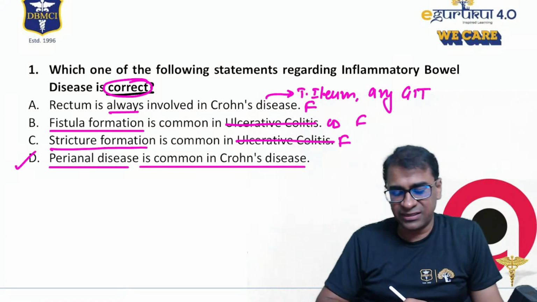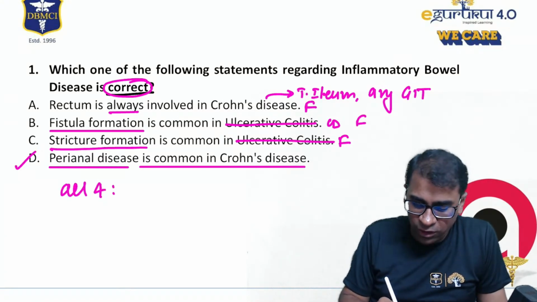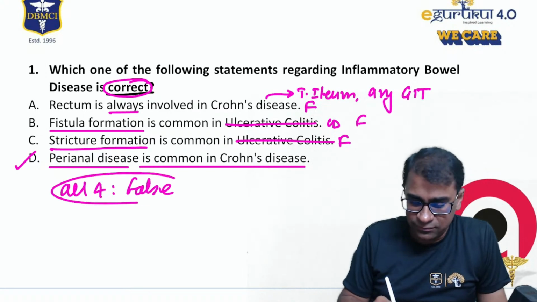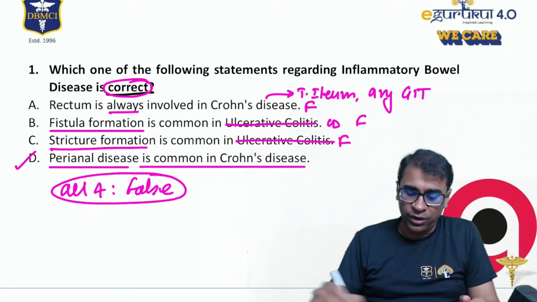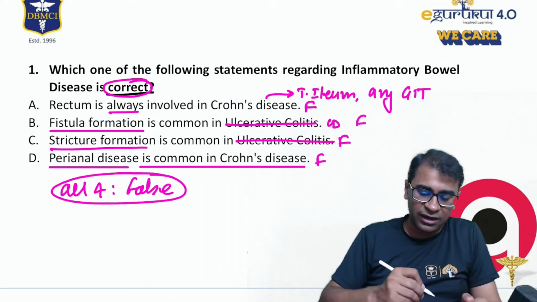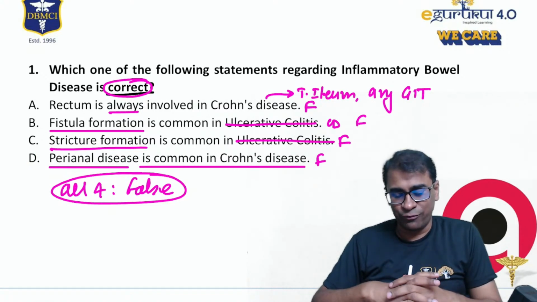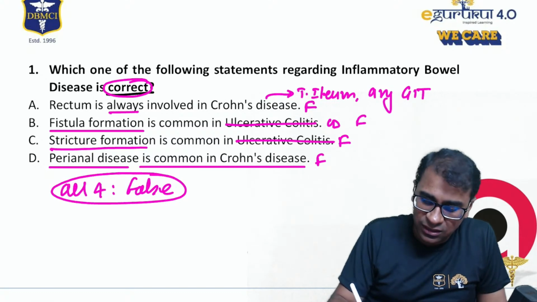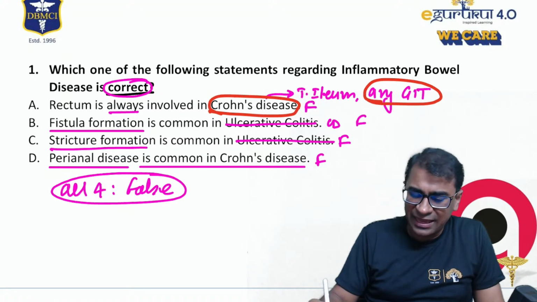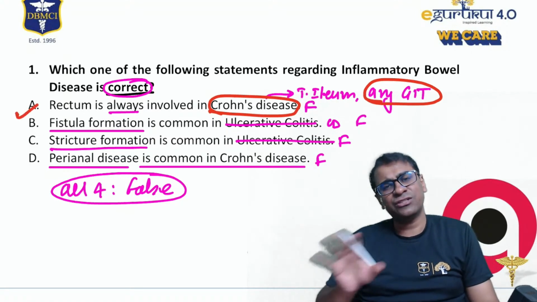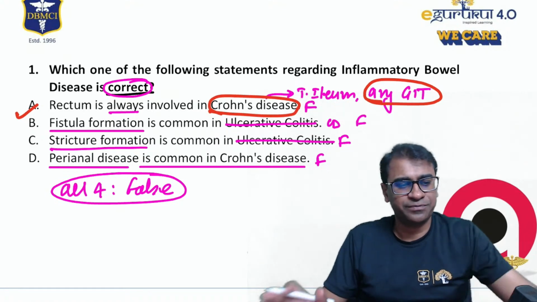Perianal disease is common in Crohn's disease. Actually, this is also not a false statement. I'll say all four are false statements. It's very difficult to take out one option from this. But I have to choose one of them. Since Crohn's disease involves any part of the GIT, I will say A is the best answer here. Otherwise, all these four are incorrect statements. I can tell you once. Okay.